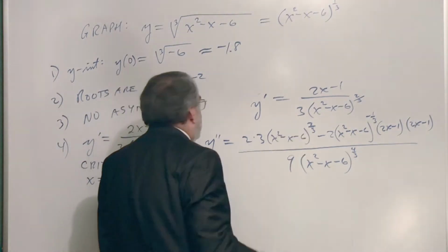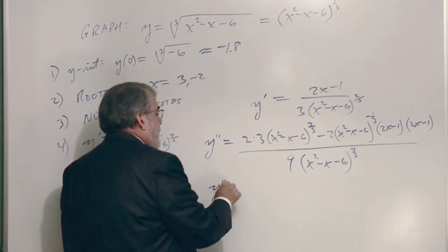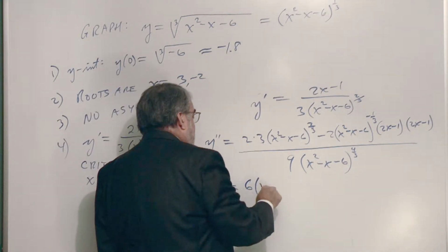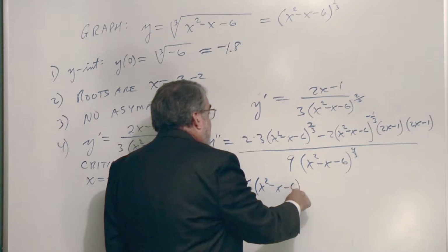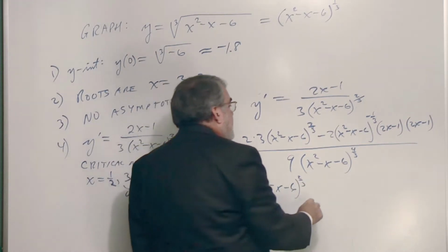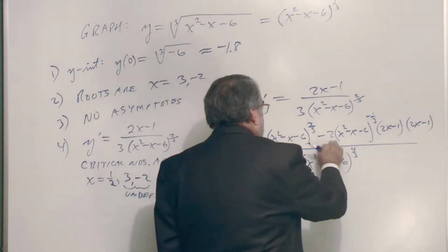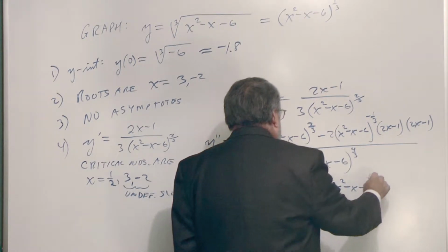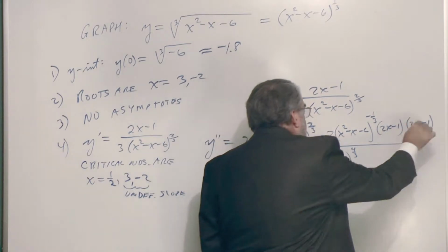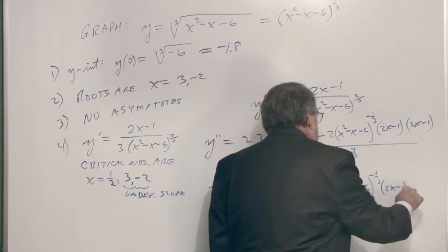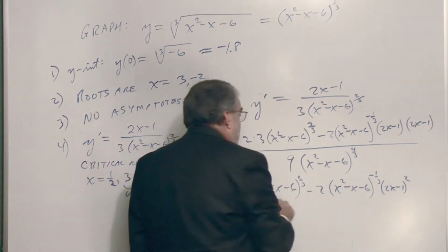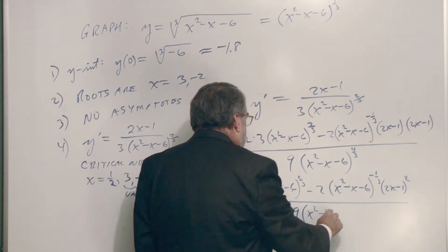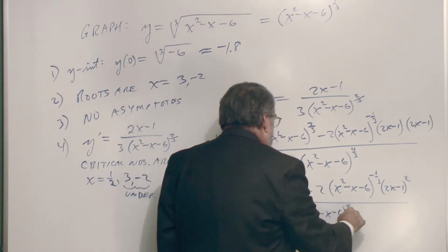First of all, I think I will clean this up. So y double prime is 6 times (x squared minus x minus 6) to the 2/3 minus 2 times (x squared minus x minus 6) to the negative 1/3 times, and these are squared, (2x minus 1) squared, divided by this whole mess, 9 times (x squared minus x minus 6) to the 4/3.